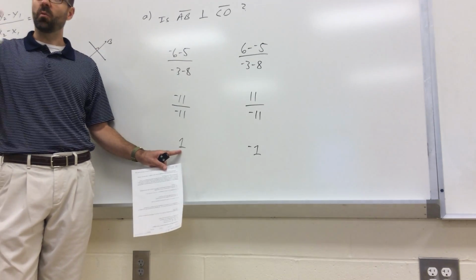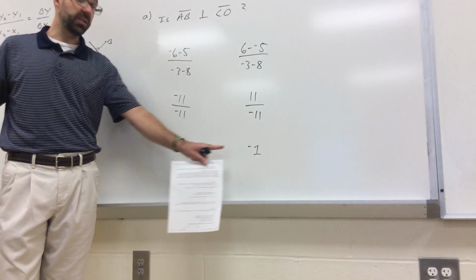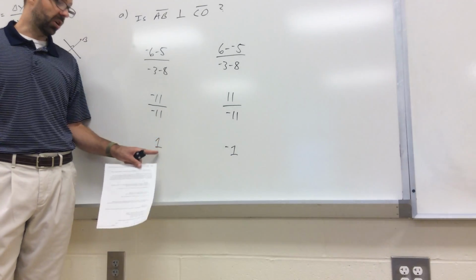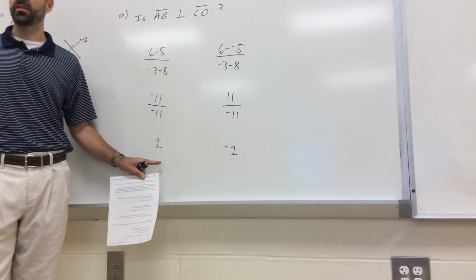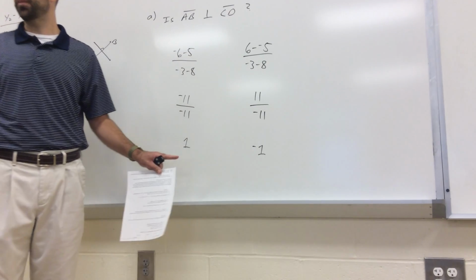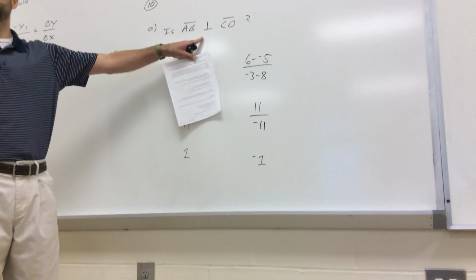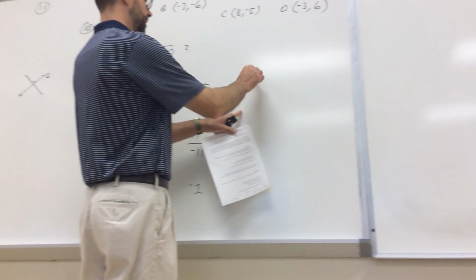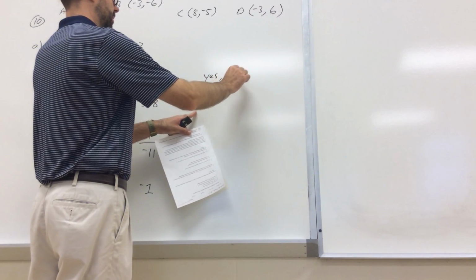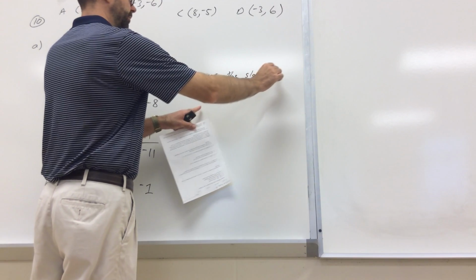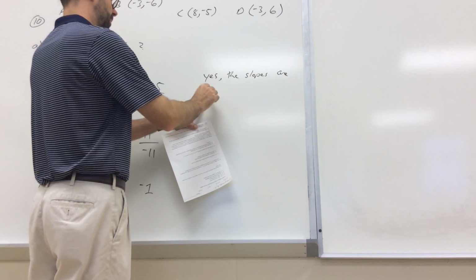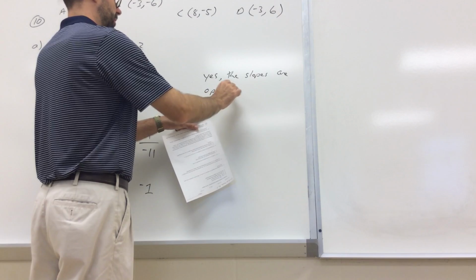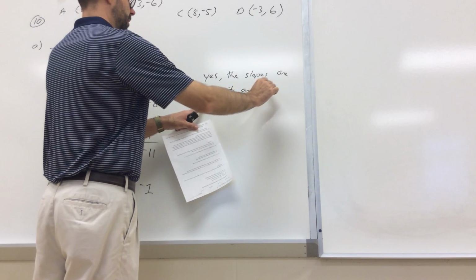So flip this, you get 1, then take the opposite, you get -1. So these are opposite reciprocals of each other. So because of that, that means the answer is yes, it is perpendicular. So yes, the slopes are opposite and reciprocal.